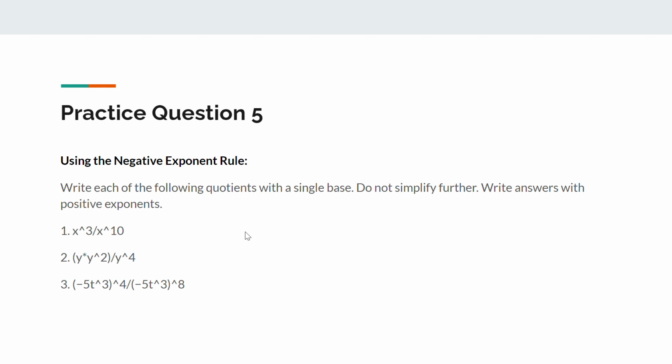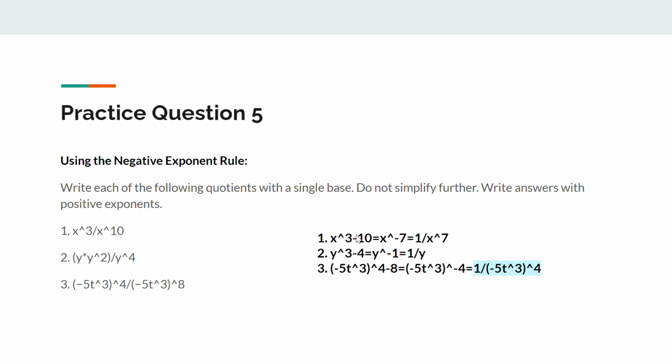Alright, so the answers for these questions are, 1 over x to the power of 7, since 3 minus 10 is negative 7, and then we cancel out the negative and put it on the bottom of the fraction. For the second one, 3 minus 4 is just y to the power of negative 1, which is also equal to 1 over y.